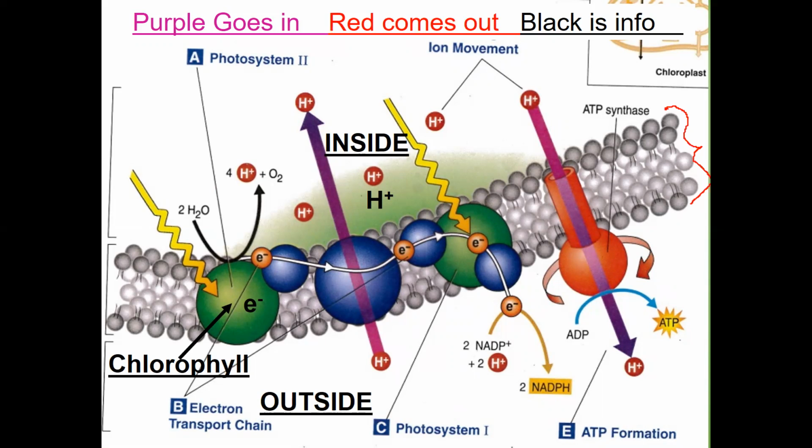In other words, outside the thylakoid membrane. This is going to then be inside the thylakoid membrane. Remember that these green things are going to be the chloroplasts, and we're going to watch how they take in items like light and how the useful products are being created.